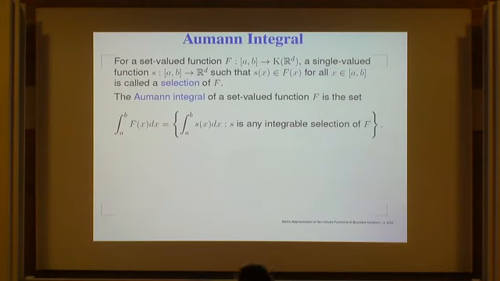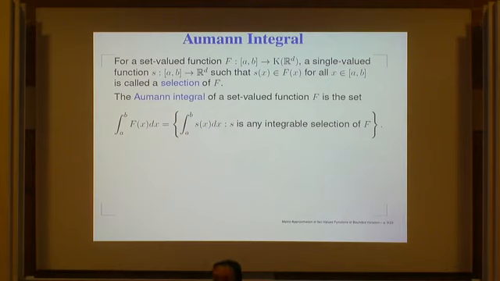For a set-valued function, I bring here a function whose images are intervals. Images are in R. Let's say this is a, b, and this is the graph of my function, something like this. Yeah. Let's say there's a hole inside.